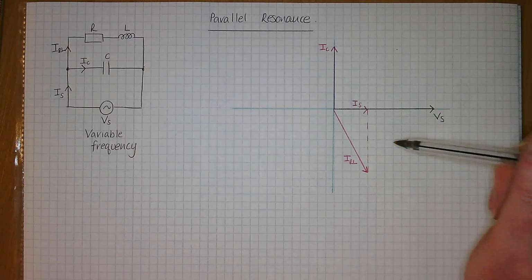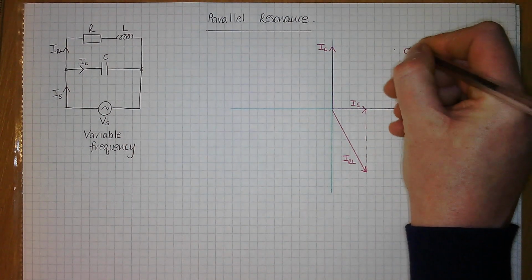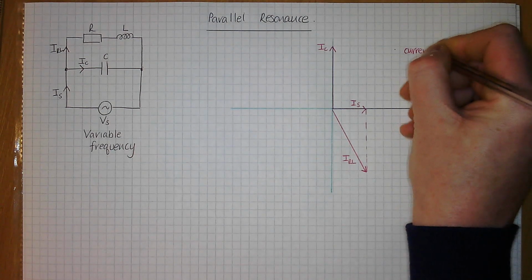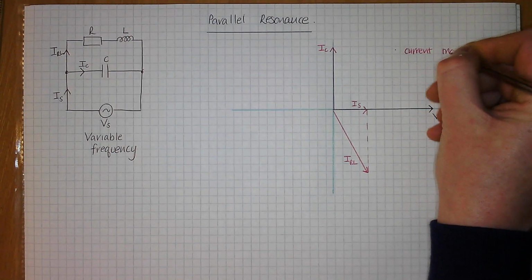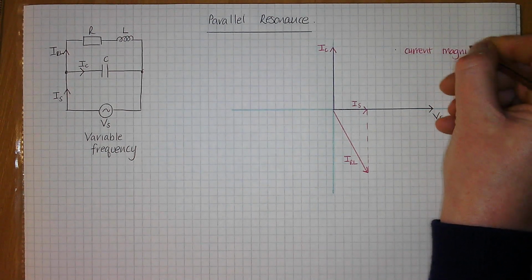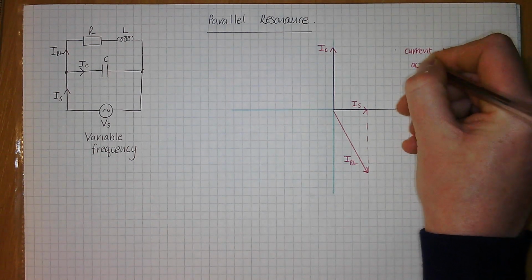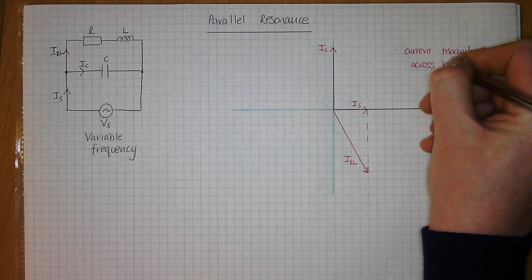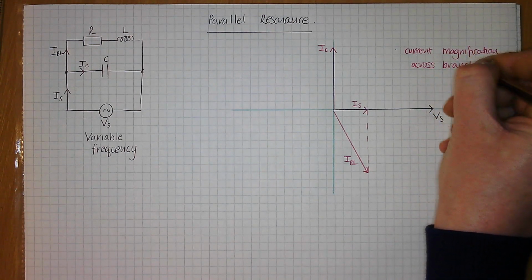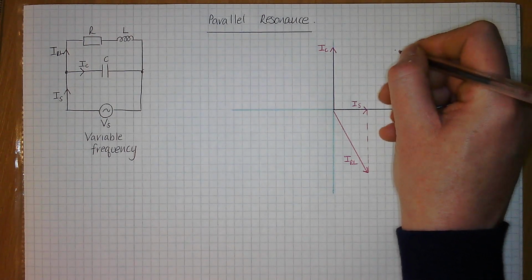So you get current magnification across the branches.